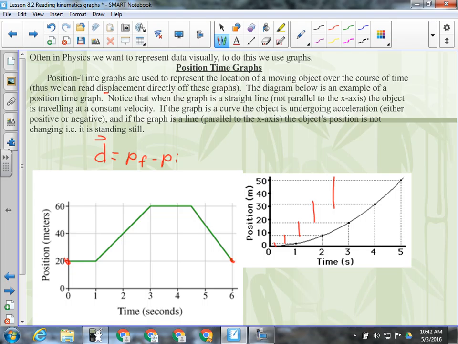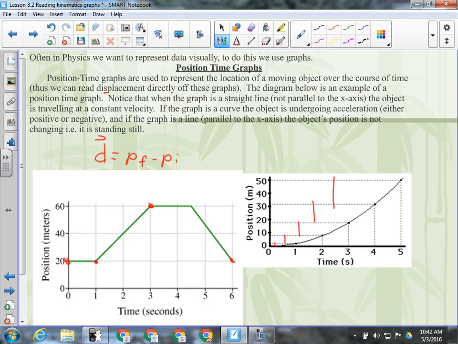If I asked you what's the displacement of the object between time 1 second and 3 seconds, what's it going to be? 40 meters forwards. Remember, or positive 40 meters.